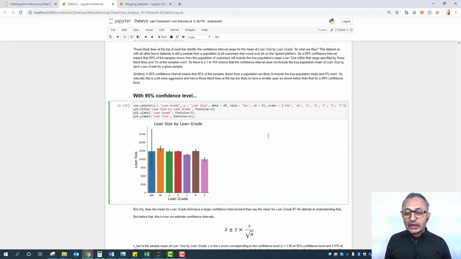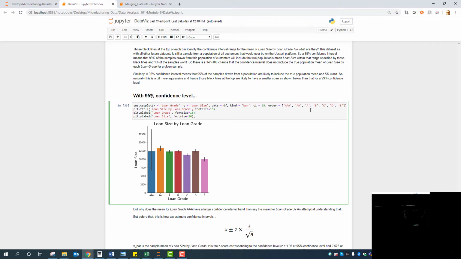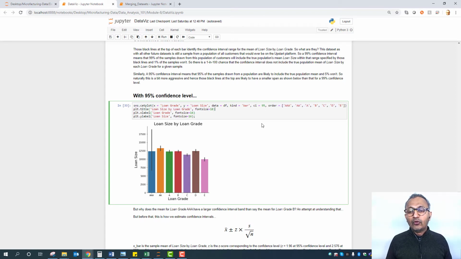When you are estimating the mean by loan grade, when you say 95% confidence interval, what that truly means is that 95% of those 100 samples you pull are going to capture the true population mean.